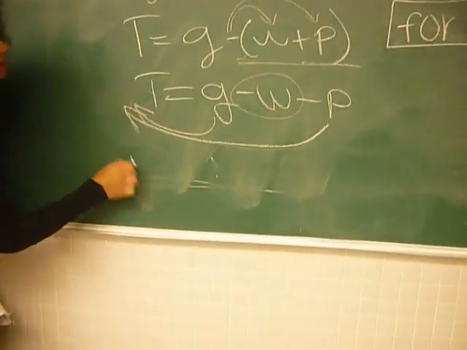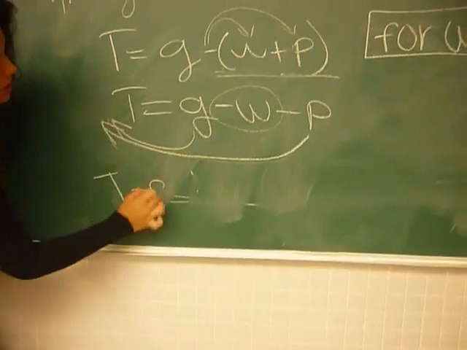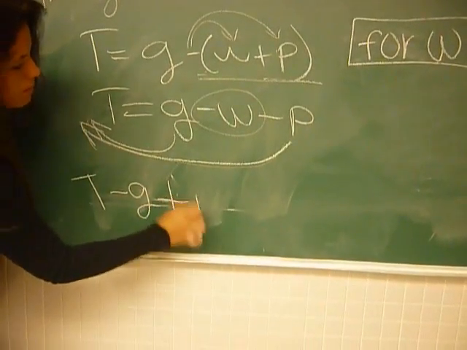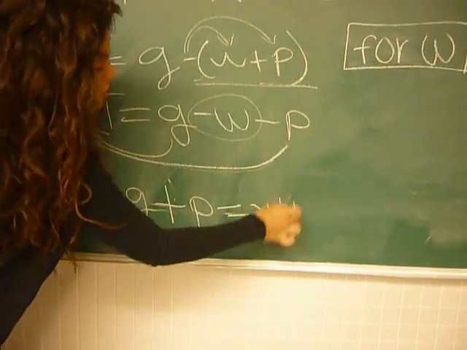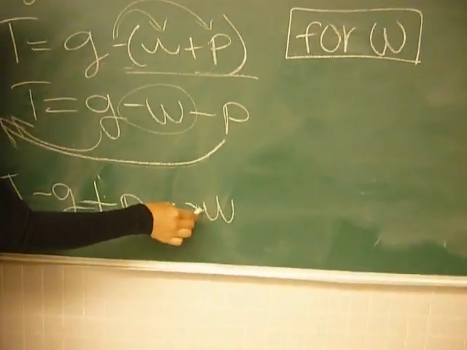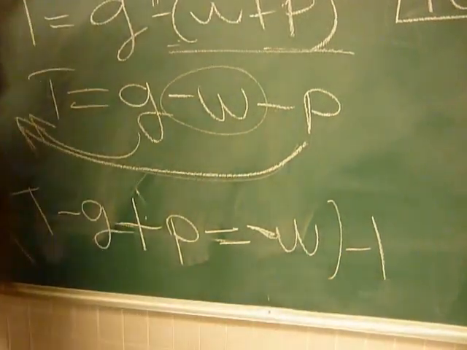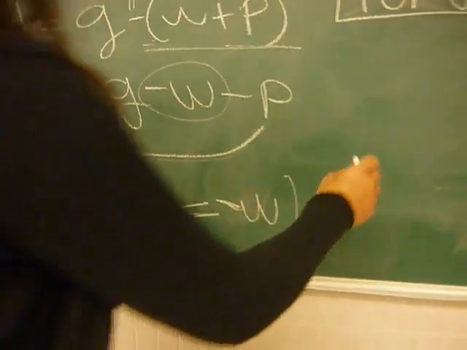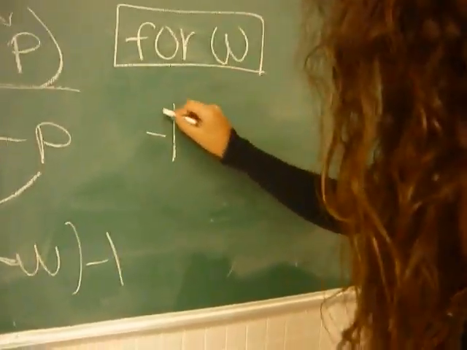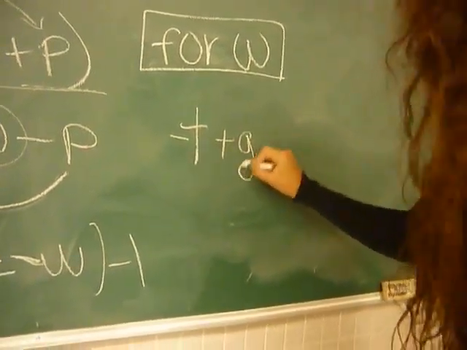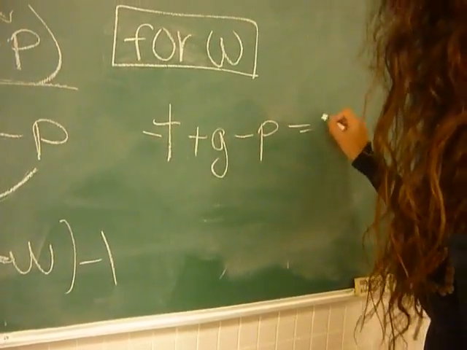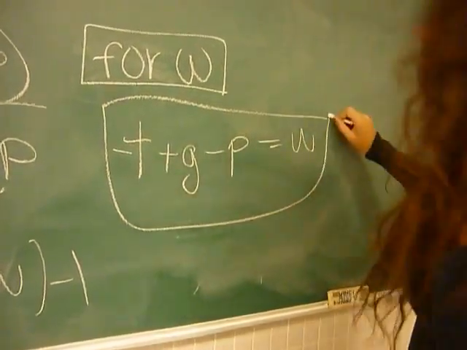So you're going to have t minus g plus p equal minus w. To eliminate the negative sign, you're going to multiply everything by minus 1. And you're going to get minus t plus g minus p equals w, and there you have your isolation.